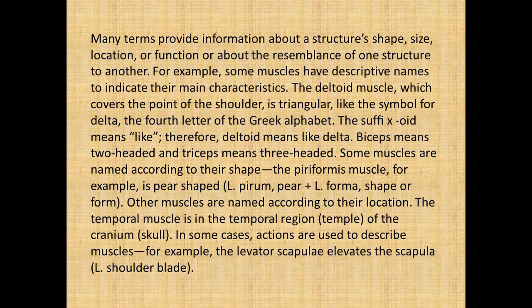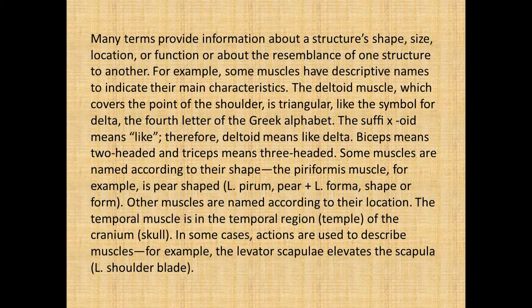The deltoid muscle, which covers the point of the shoulder, is triangular, like the symbol for delta, the fourth letter of the Greek alphabet. The suffix "-oid" means like. Deltoid means like delta. Biceps means two-headed and triceps means three-headed.